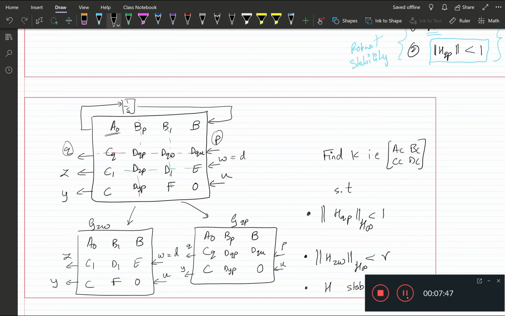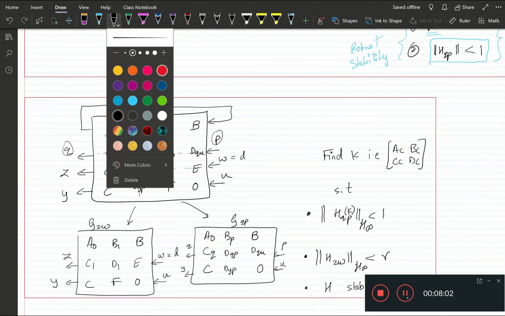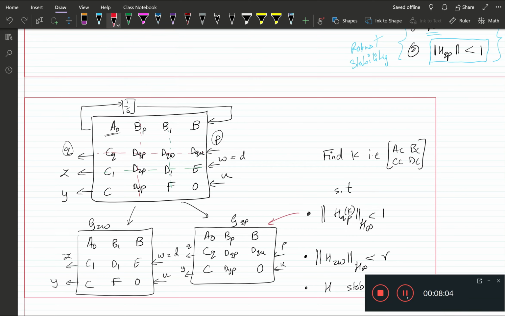So now we want to design a controller K that at the same time achieves a closed loop H infinity norm of this system. So HQP of K is the closed loop system when we close the loop via this channel here.